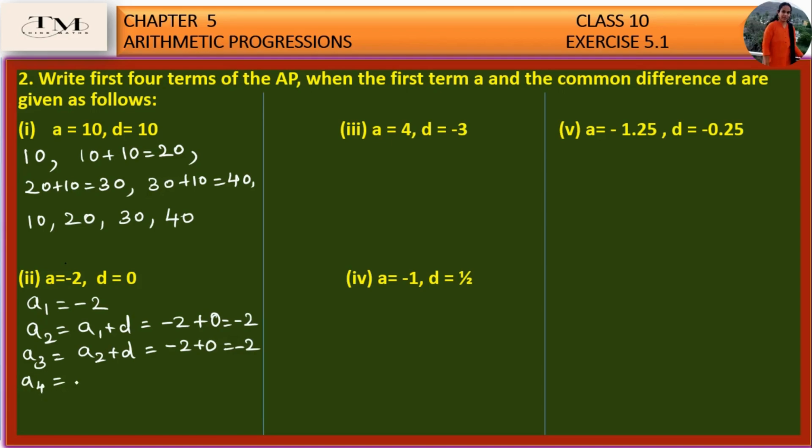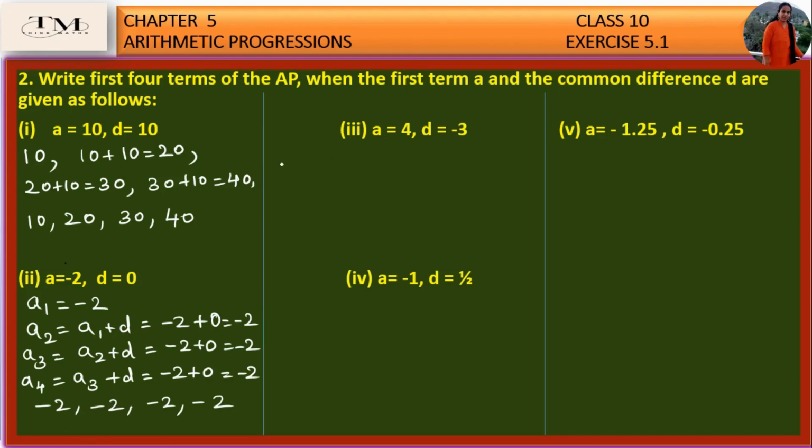Fourth term A4 equals A3 plus D. We have to add D to the previous term. A3 is minus 2, D is 0, so minus 2. The four terms are minus 2, minus 2, minus 2, minus 2. If D is 0, all the terms will be the same.